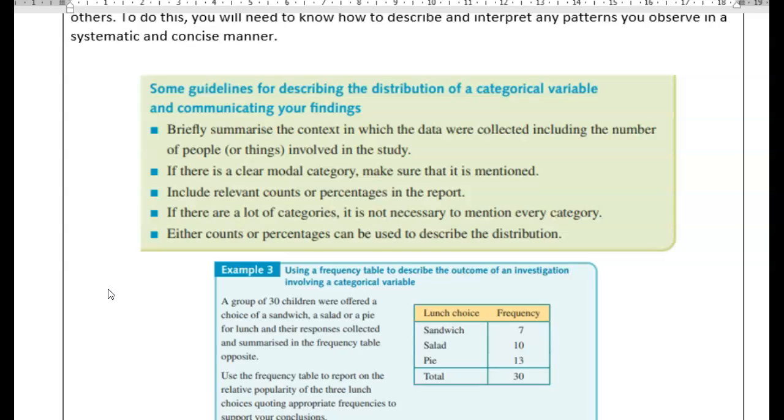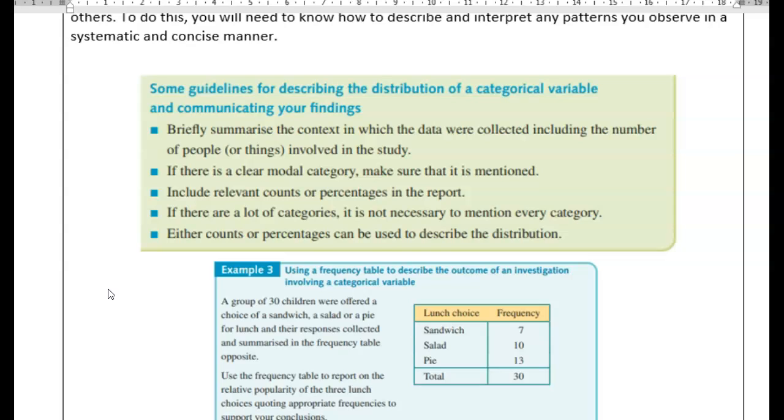Number 3, include relevant counts or percentages in the report. Okay, so you just don't say that pie was the most frequently occurring. You would say it was the most frequently occurring with a frequency of 13, or you could give the percentage if you wanted to. If there are a lot of categories, it is not necessary to mention every category.